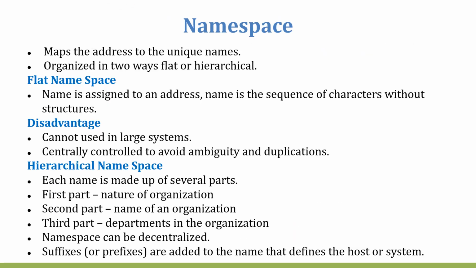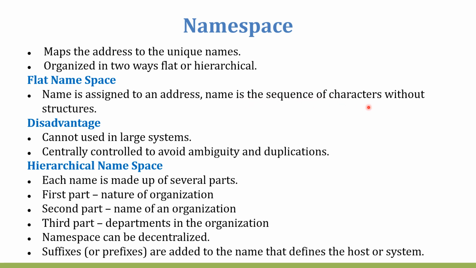There are two ways to organize the mapping of names to addresses in a system: a flat namespace and a hierarchical namespace. The first one, flat namespace. In a flat namespace, names are a simple sequence of characters with no structure.